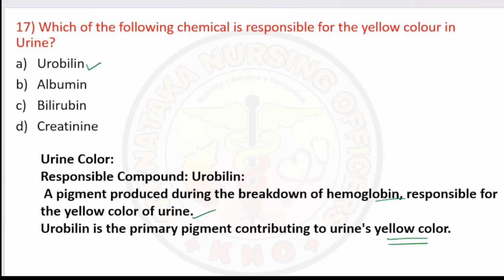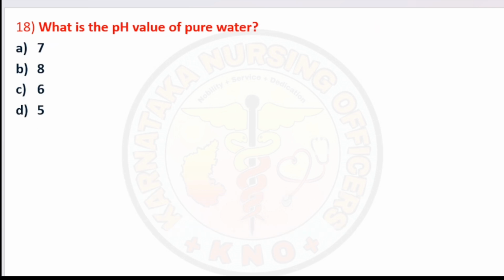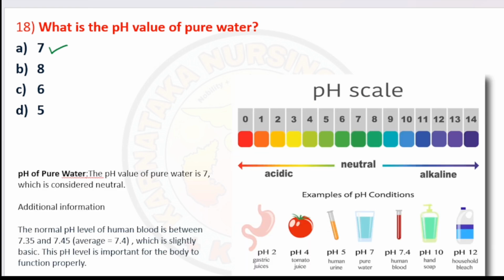The next question is, what is the pH value of pure water? The options are 7, 8, 6, 5. The correct answer is option A, 7 is the pH value of pure water.